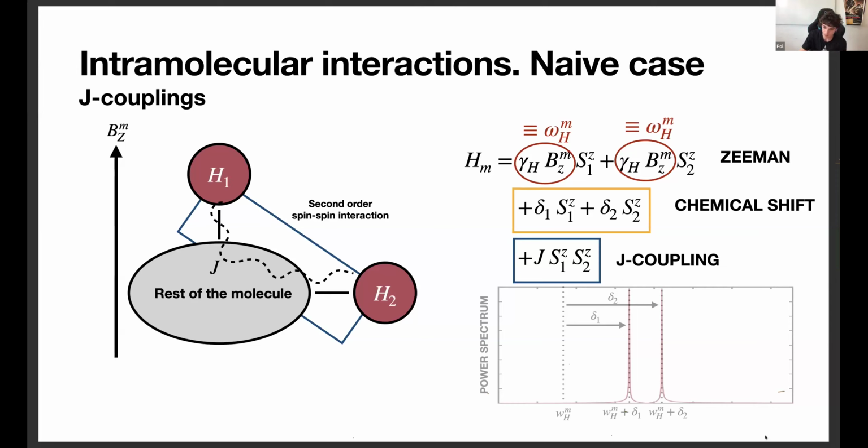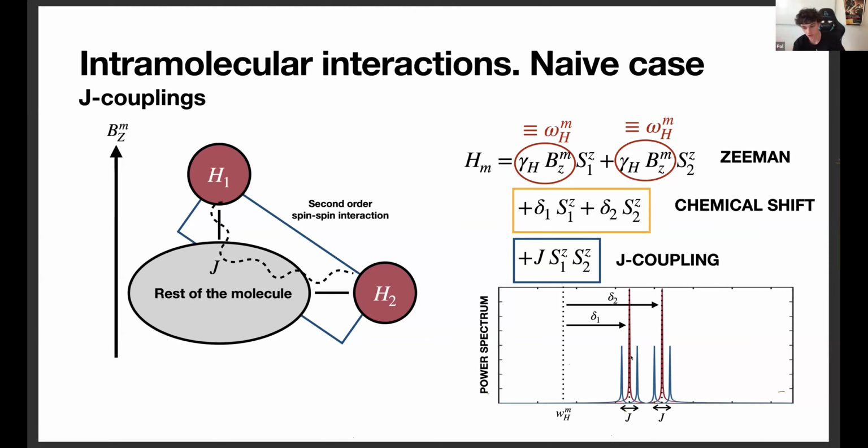Now, if I take the previous spectrum that only considered chemical shift, and now I add this type of interaction, you will see that my peaks, the red ones before, each get split into two due to these new interactions. And actually, the separation between these two peaks corresponds exactly to the value of the J-coupling.